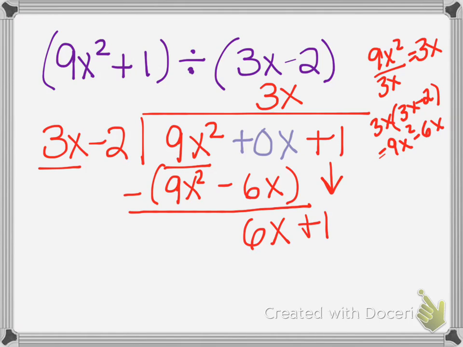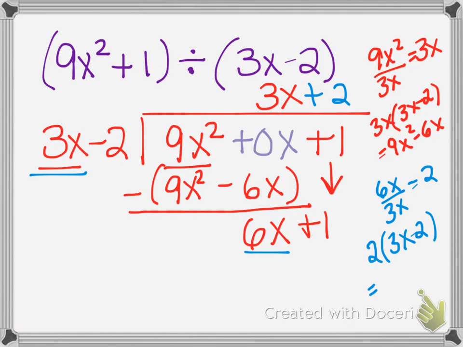I'm going to pull down that 1, and then we do the process all over again. So we have 6x divided by 3x, and I get 2. I take that 2, I multiply it through, and I get 2 times 3x minus 2, and I get 6x minus 4, and I subtract.